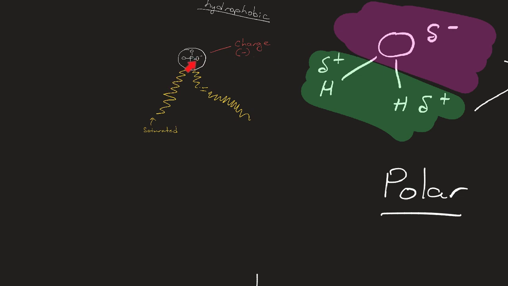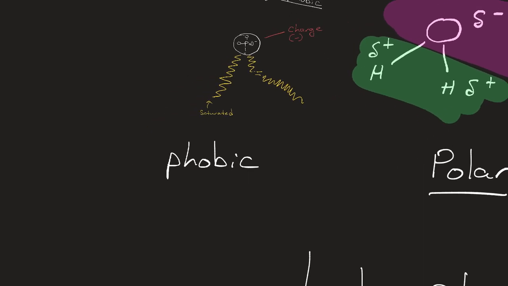But the problem is the phosphate is attached to a water hating, a water fearing tail. The word for fear in Greek is phobic. You ever hear phobias? Right.